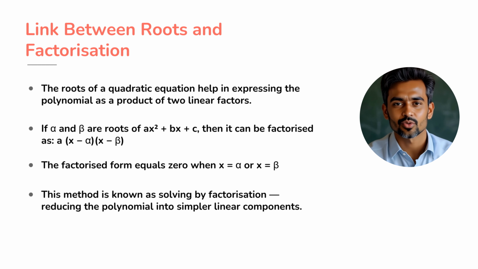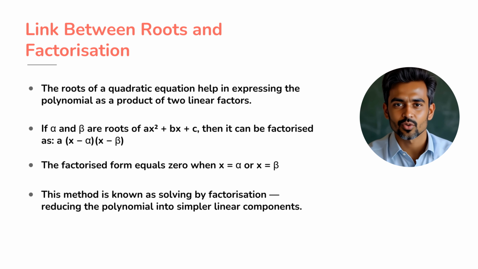Now, here's a beautiful link. If we know the roots, we can reconstruct the equation. Let's say alpha and beta are the roots of the equation. Then we can write the quadratic expression as a into bracket x minus alpha close bracket into bracket x minus beta close bracket equals 0.